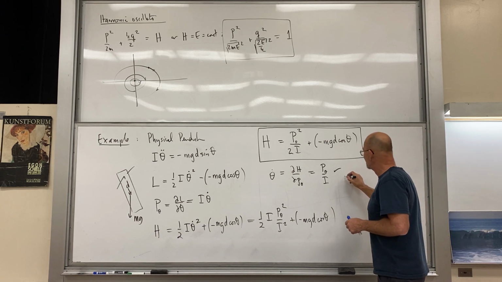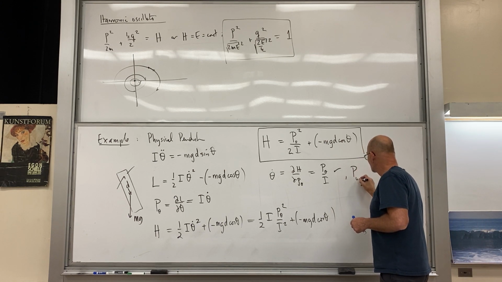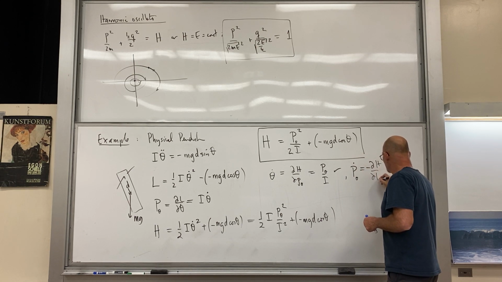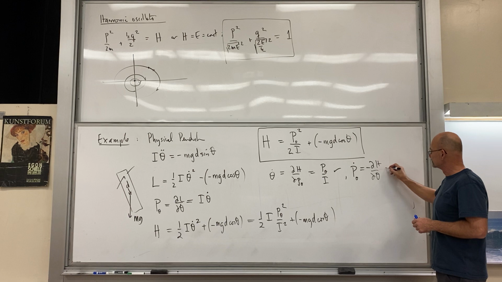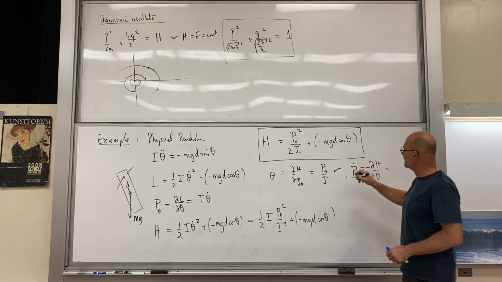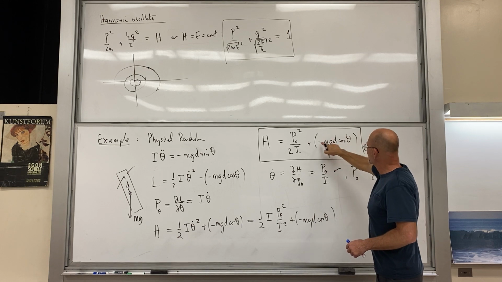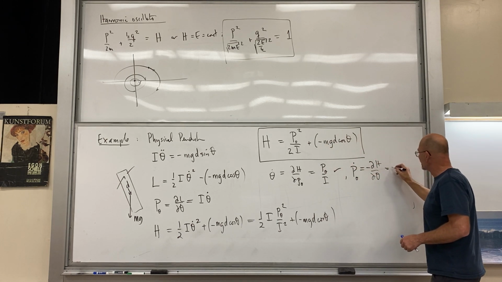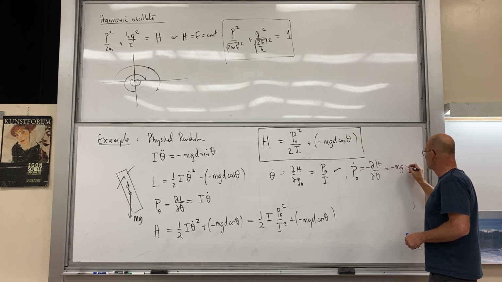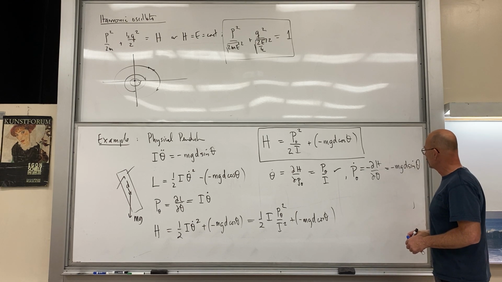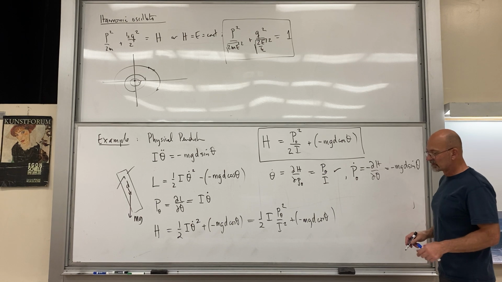And P sub theta dot is equal to minus partial H partial theta. And that's just going to be, so the cosine of a minus sign, so 3 minus signs. So right, minus mgd sine theta. So those are the equations of motion.